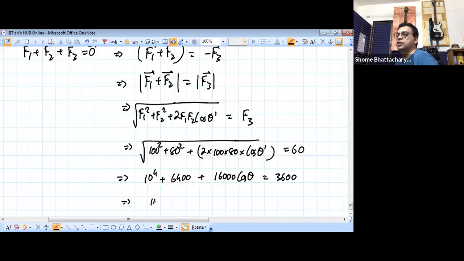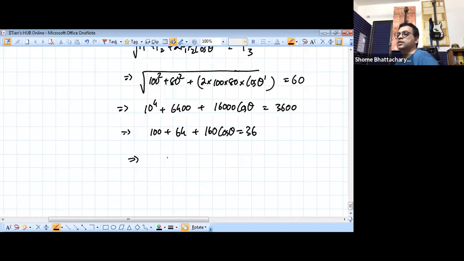So we'll get 100 plus 64 plus 160 cos theta is equal to 36. Doing all this calculation, how much will cos theta come to? Look, further you can cancel some stuff now. Divide by 4, suppose, so 25 plus 16 plus 40 cos theta is equal to 9. So 40 cos theta is becoming the negative of 25 plus 16 minus 9. So that's becoming how much?